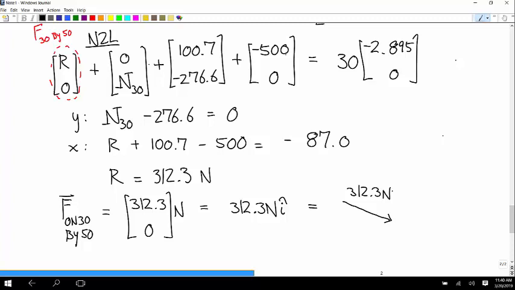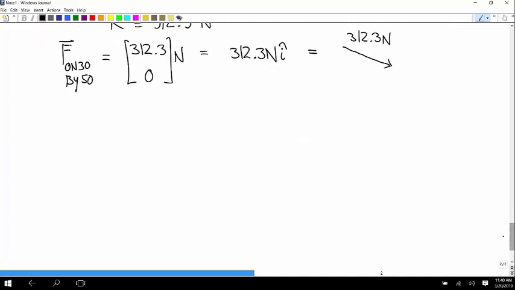Okay, so now let's talk about pulling forces. So here's our inventory so far. Our inventory of force directions.